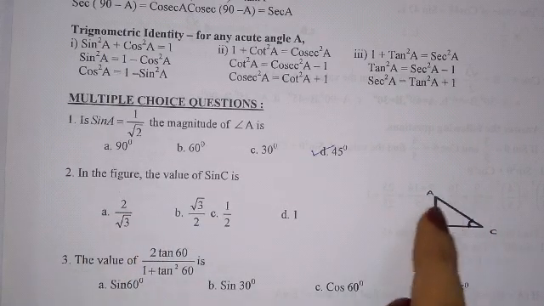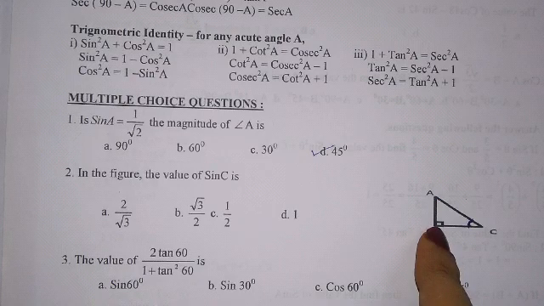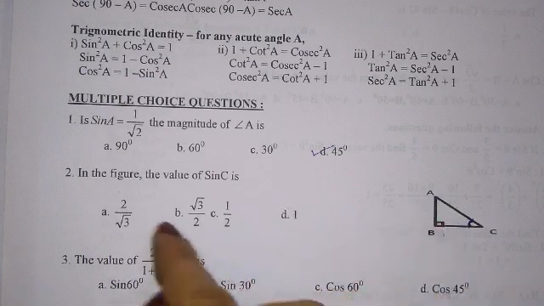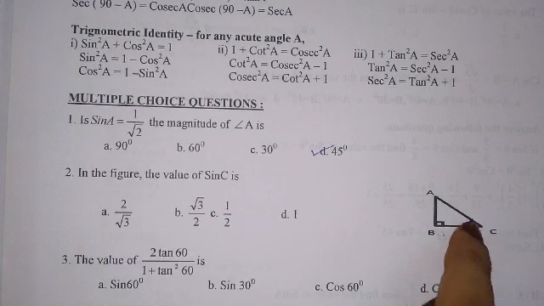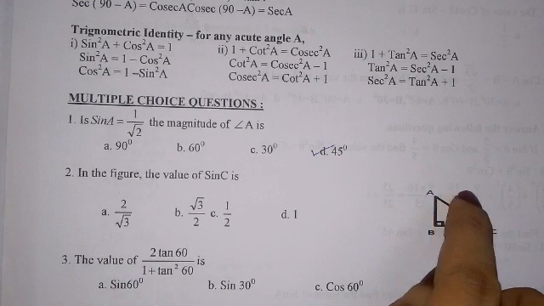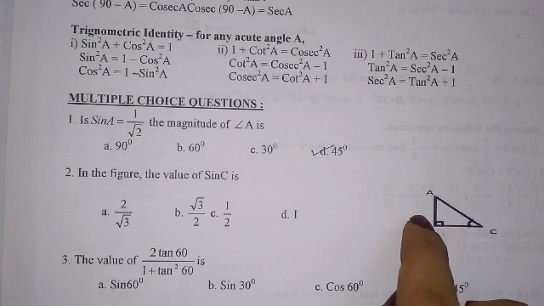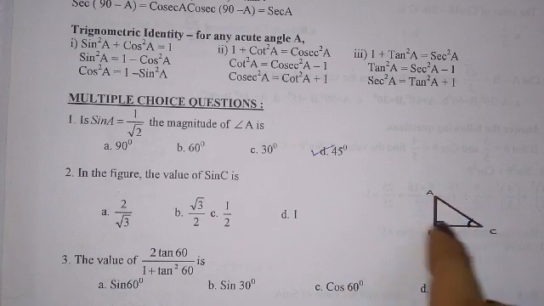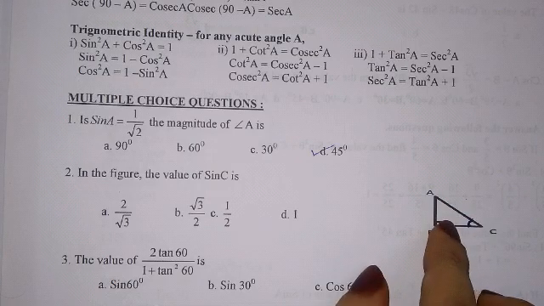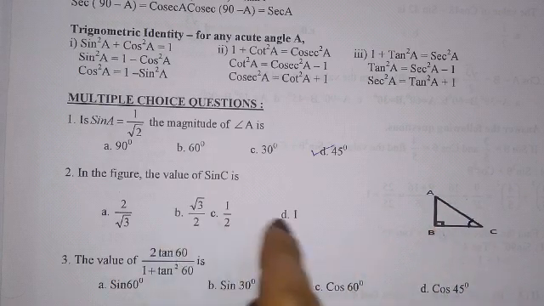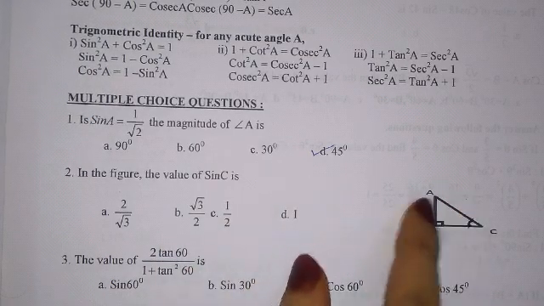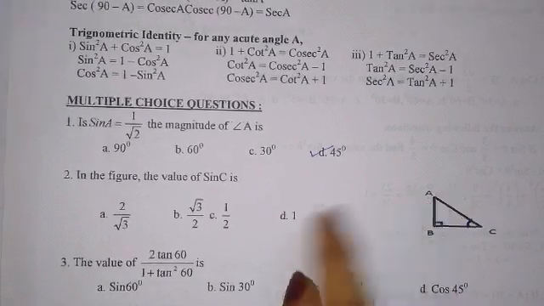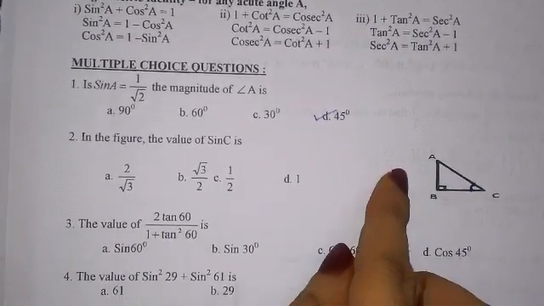Sin C is nothing but opposite upon hypotenuse, AB upon AC, but here the value is not given in this booklet, so we can't identify which is the correct option. Okay, leave this problem. Let us go for the next question.